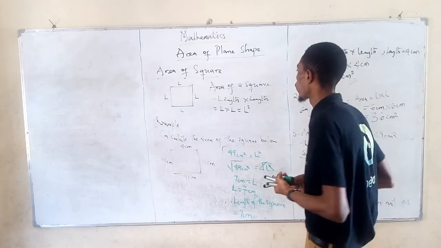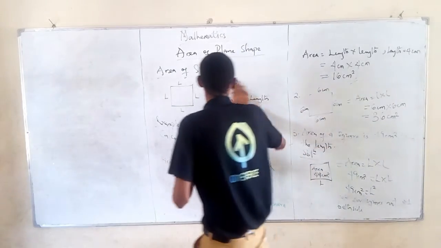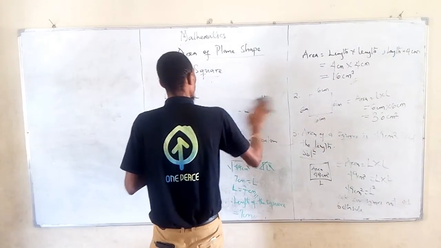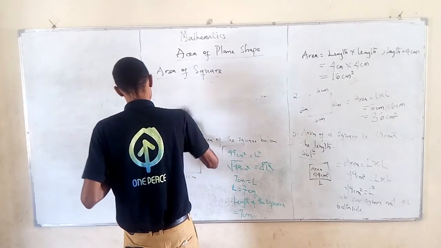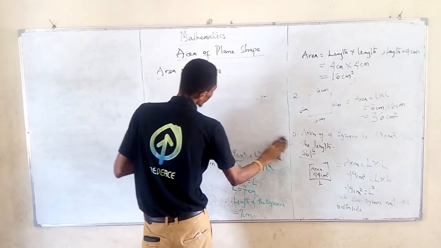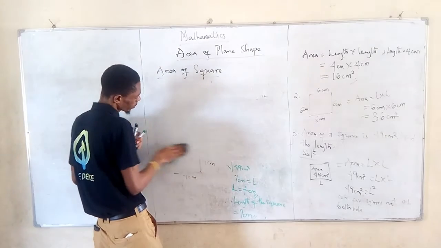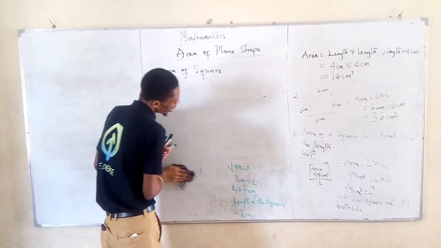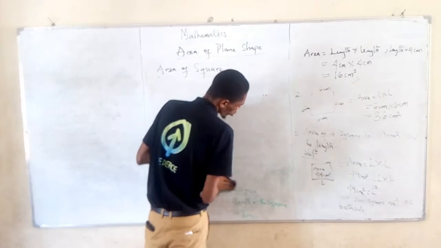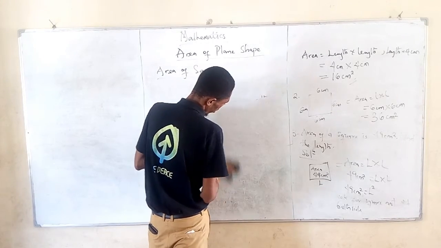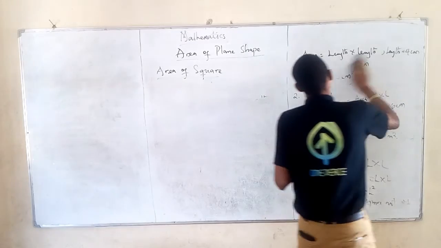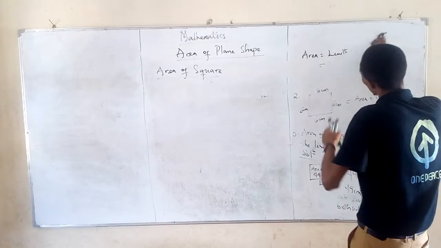Now let's try to look for the area of a rectangle. It's quite similar to the area of a square, just that a rectangle has two opposite sides to be equal, while a square has all four sides to be equal.